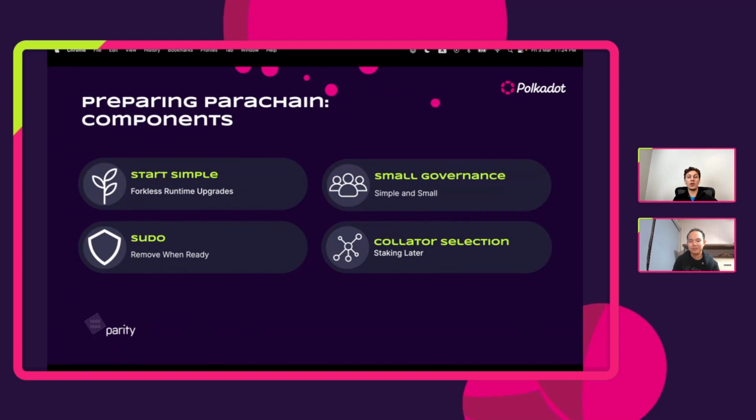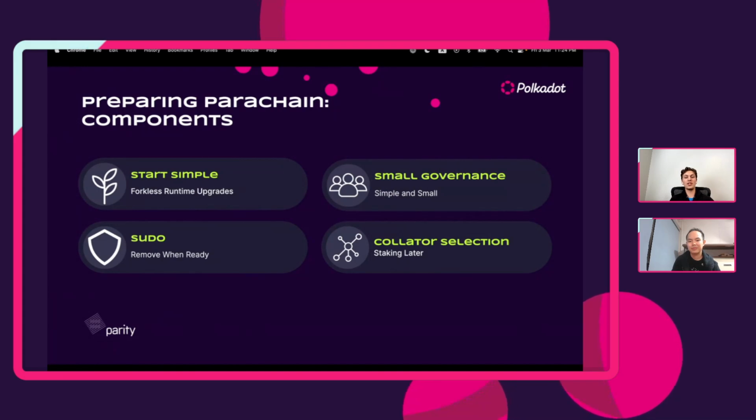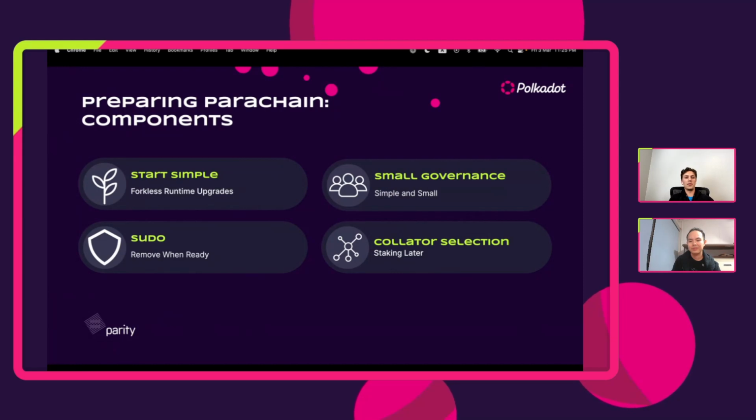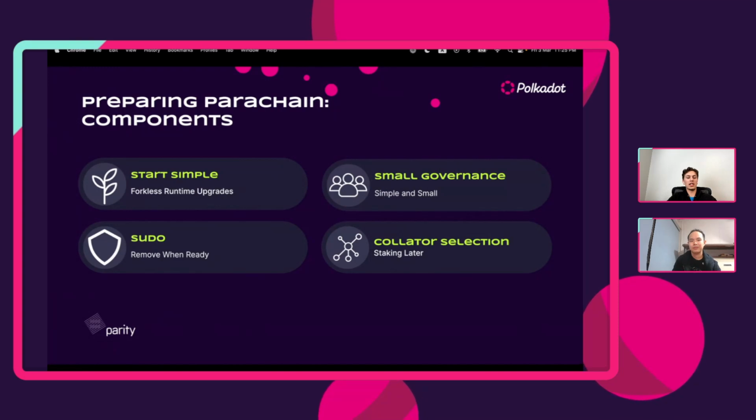blockchain. Now, we do also recommend starting with sudo. Of course, decentralization is super, super important to us, but we do recognize the benefits of starting with sudo at the initial launch. The reason for this is it allows you to prepare and make sure everything is running smoothly, and that you can do your runtime upgrades, and there's less chance for your chain to basically be inaccessible.